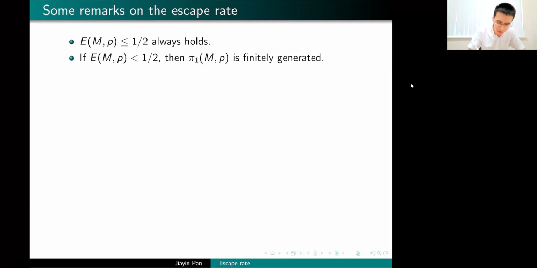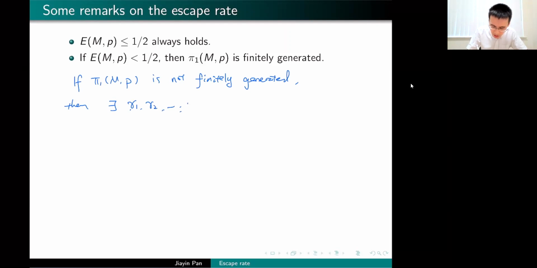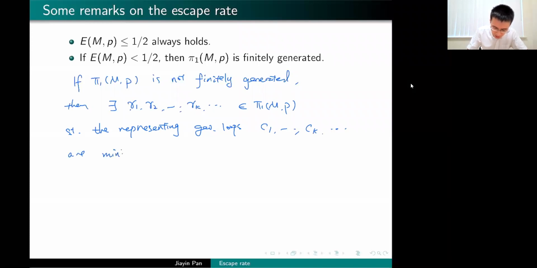This follows from a theorem by Sormani, which says that if pi1(M,p) is not finitely generated, then one can find a sequence of generators, gamma 1 until gamma k, infinitely many, inside pi1(M,p), such that the representing geodesic loops, let's call them c1 until ck, are minimal up to halfway.